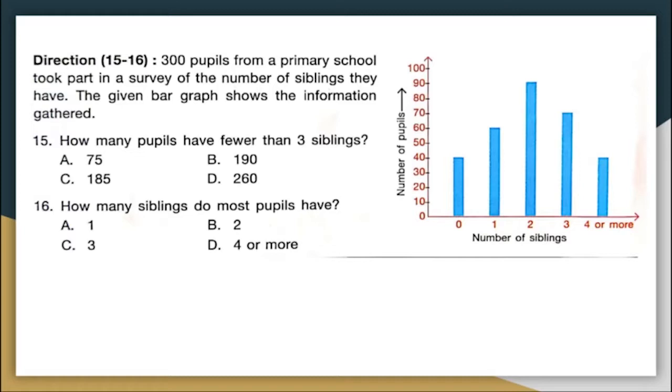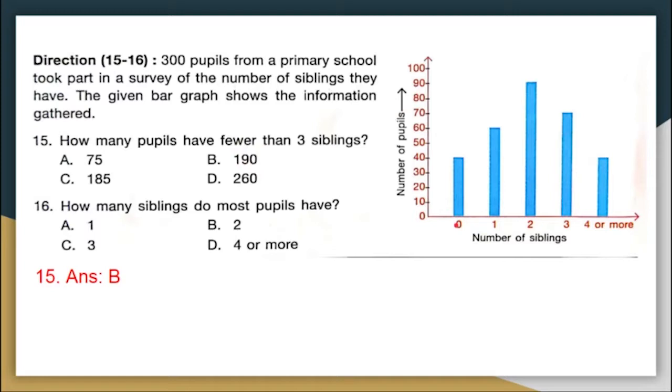What will be your answer here? 40 plus 60 plus 90. 40 plus 60 is 100, and 100 plus 90 is 190. So 190 people have less than 3 siblings. Your correct answer is option B.